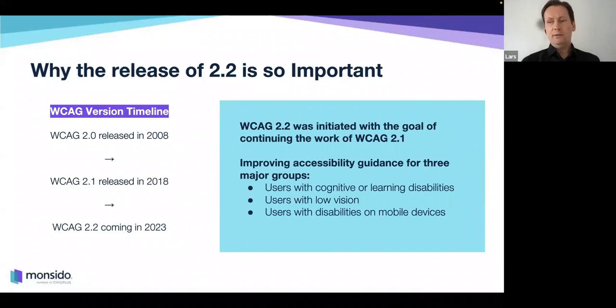But anyway, this new version is an attempt to get some more built into the standard which is targeted towards cognitive impairments. There's something for visual impairments also, and there's some more added regarding when you browse the internet on a mobile device.